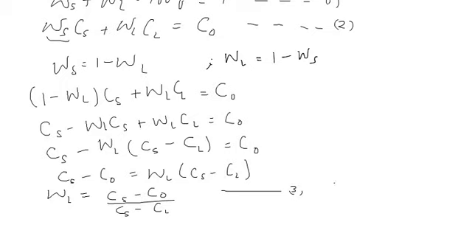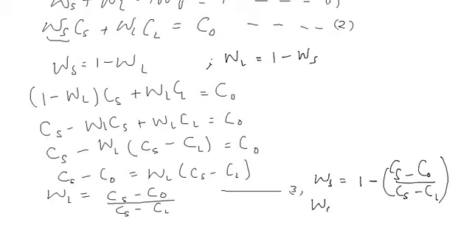Alright, so you can say your ws is equal to 1 minus all the cs minus co all over cs minus cl. Now since this is a whole number, you can substitute it with cs minus cl over cs minus cl, as that will already cancel everything.